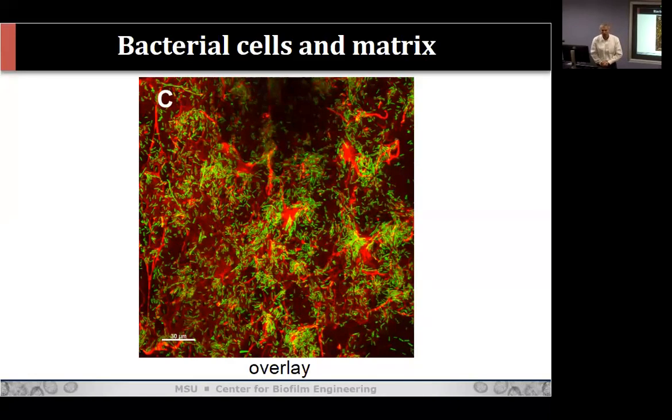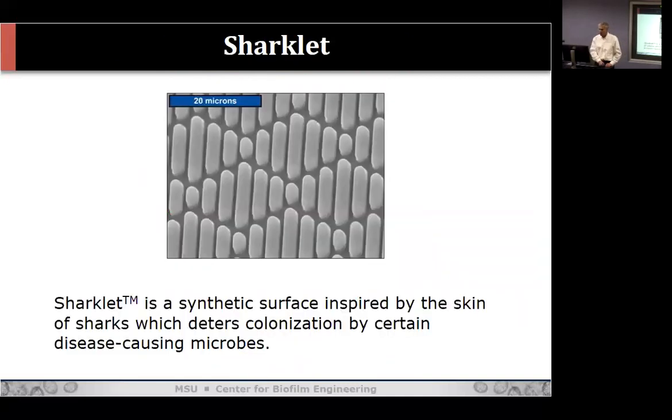Since we're thinking about nanotechnology and microfabricated devices, I want to just give a few examples of the sorts of systems that we might be interested in imaging. Here's one from a company called Sharklet that is manufacturing topographically modified material surfaces that they claim are anti-biofilm, that prevent or reduce the amount of biofilm accumulation.